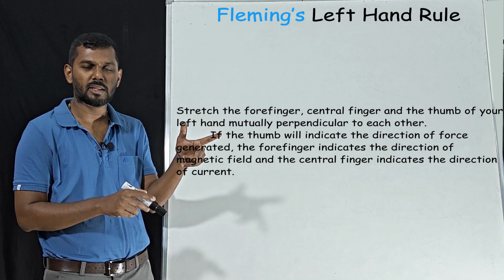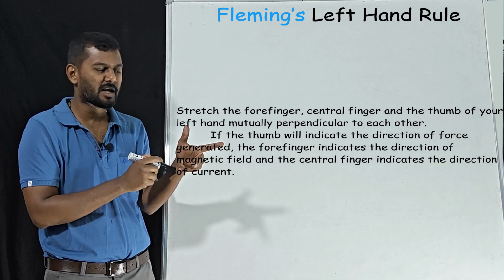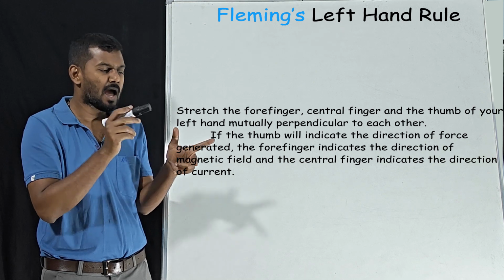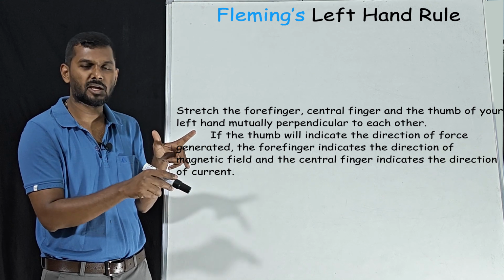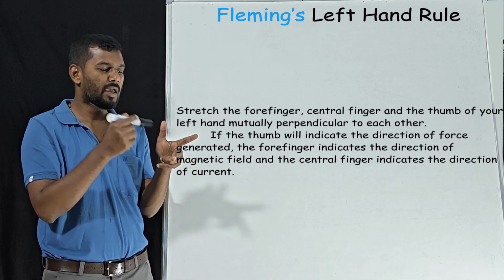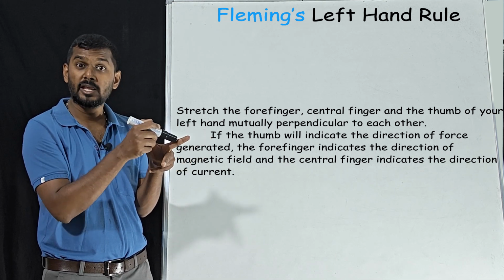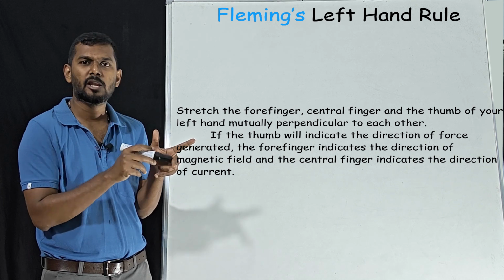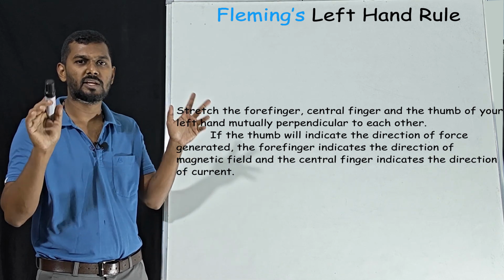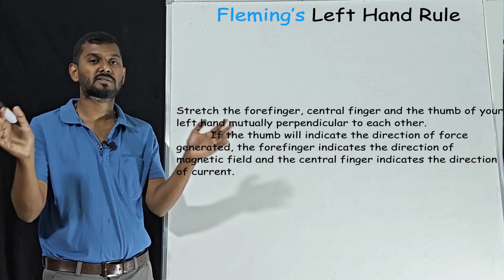Once you hold it like this, the thumb represents the direction of force generated, the forefinger represents the direction of magnetic field, and the middle finger represents the direction of current. How to remember this in an easier way? F, B, I. F is force, B represents magnetic field, I represents current. So F, B, I in order you can easily remember. This is how you can define Fleming's left hand rule.